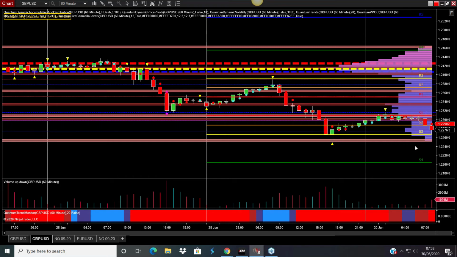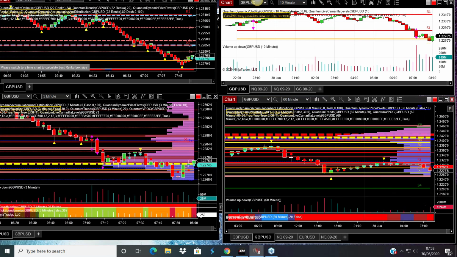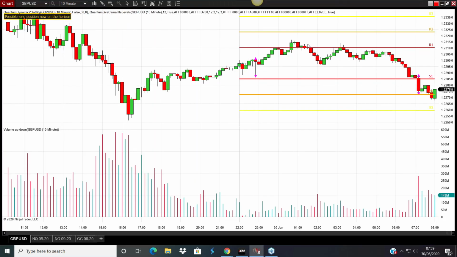It's quite interesting. With the pairs we can see here, they tend to be around the 0s and the 5s. You'll find support and resistance levels, Camarilla levels, they all tend to be around the 0s and 5s. It's just a feature of all markets actually, but particularly so of the forex market. And I've got the 10-minute version of the chart.